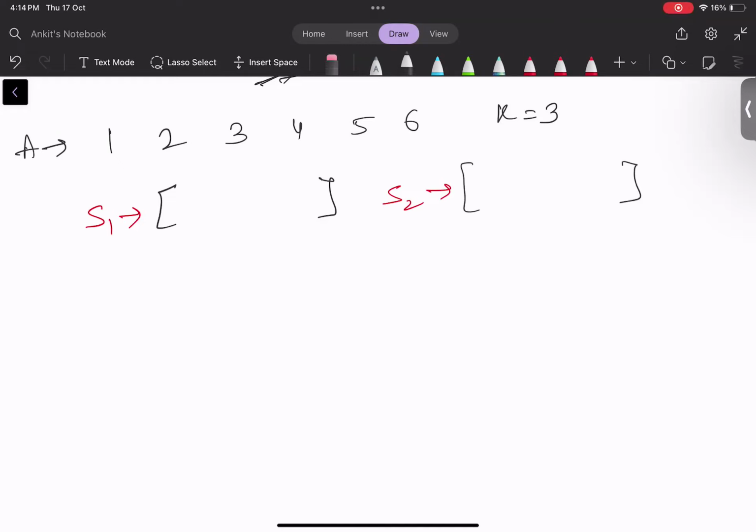How many elements? At least 3 elements should be present. If we place 3 elements in the first S1 array, we have to place the next 3 elements in S2, right?